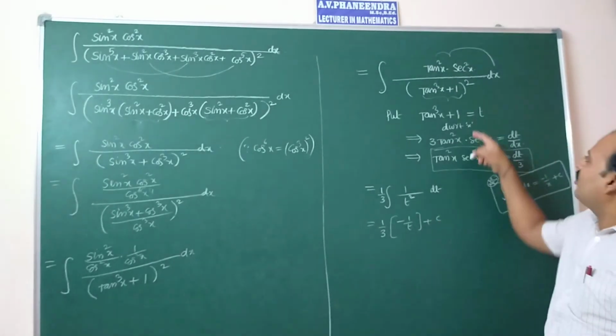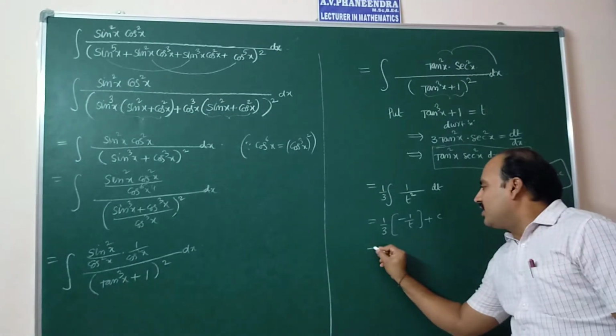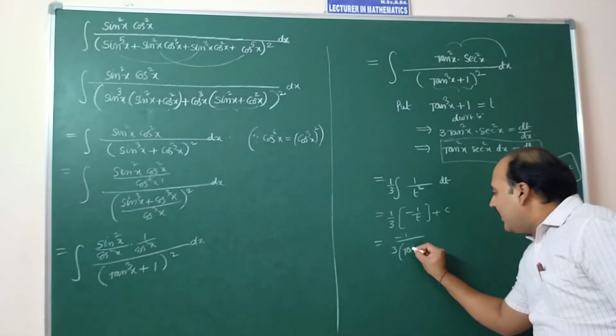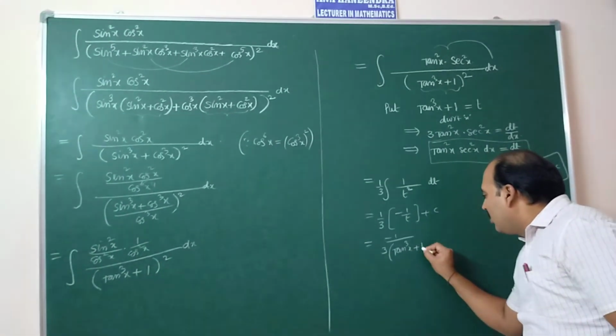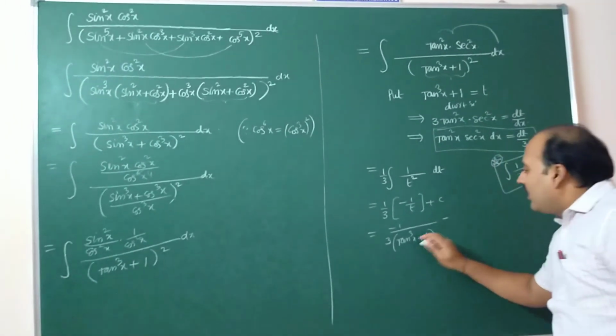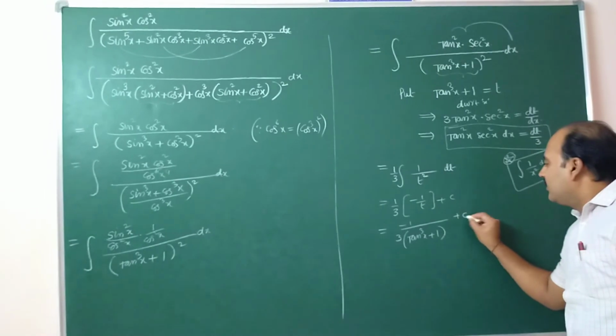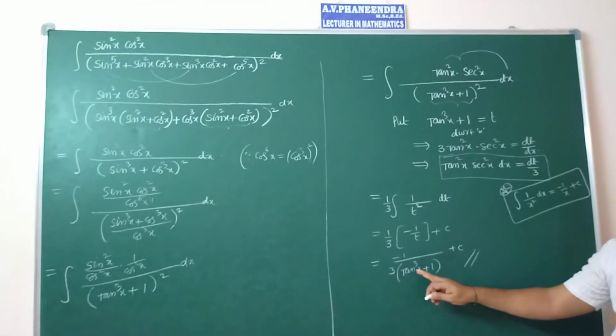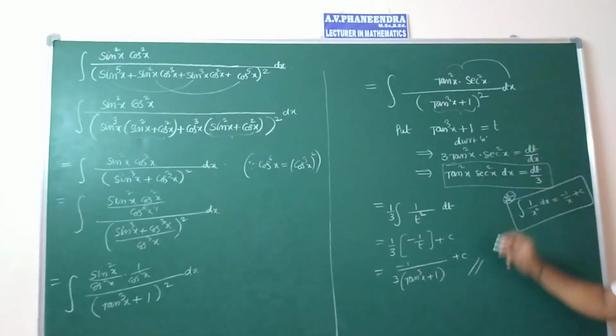So wherever t is there, you have to replace it again with the assumption, which gives minus 1 by 3 into tan cube x plus 1, plus c. Therefore, the answer to the given question is minus 1 by 3 into (tan cube x plus 1) plus c.